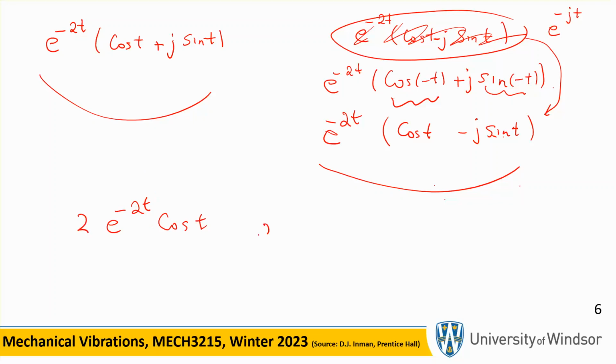When you subtract them, the cosine disappears, e to the minus 2t is common, and this minus that is going to be 2j sine of t.